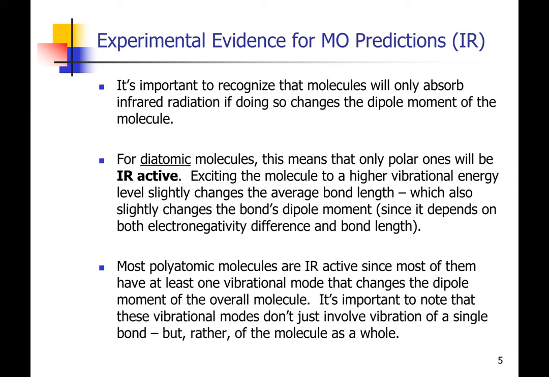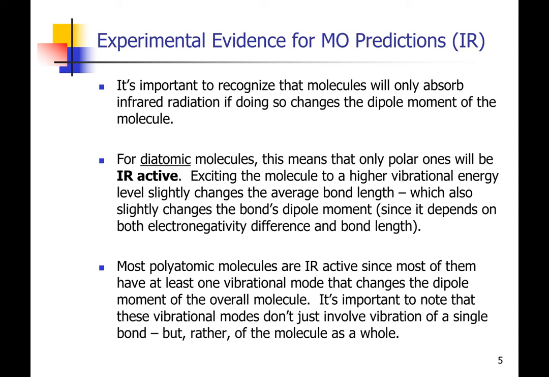So for those diatomics, raising the energy level, making them vibrate more, changed the average bond length. And by changing the average bond length, I changed the size of the dipole moment. And so it is therefore possible to see those molecules in an infrared spectrum.